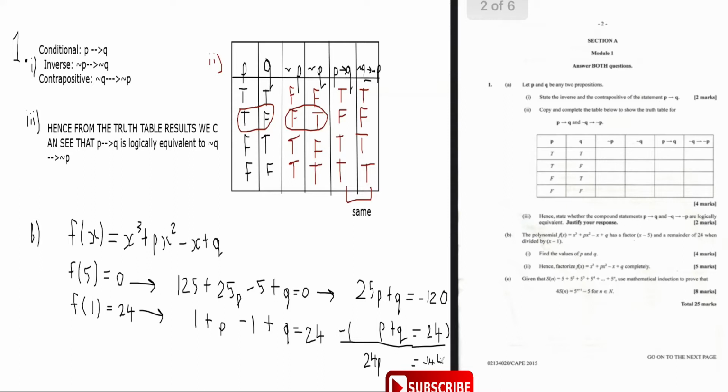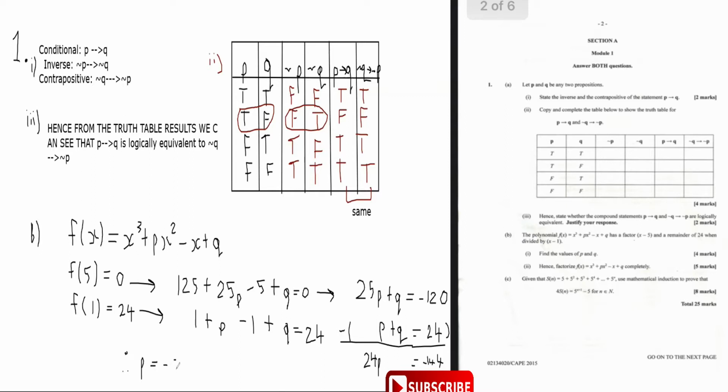You can then divide through by 24. And so what do we get? Therefore, p is equal to minus 144 divided by 24. And so we get p equal to negative 6.